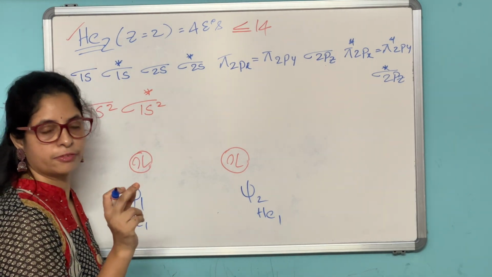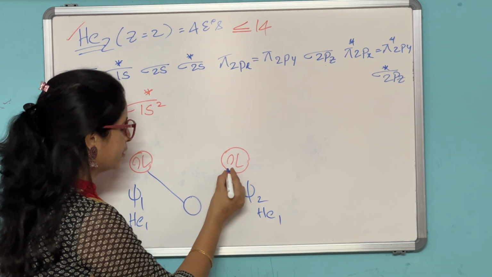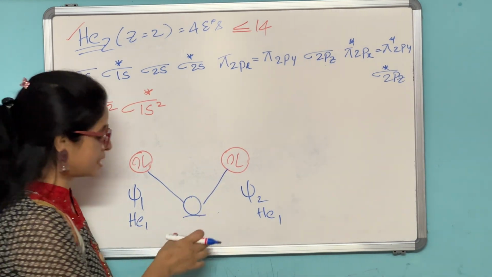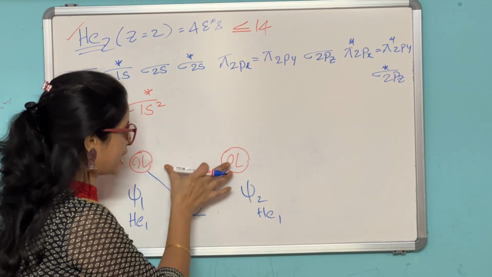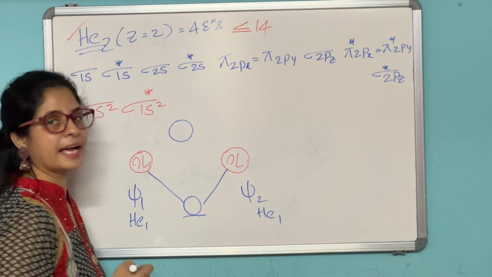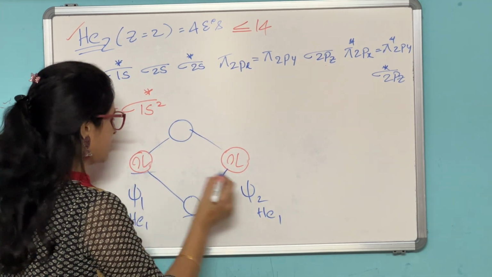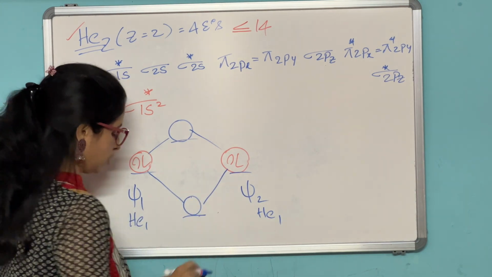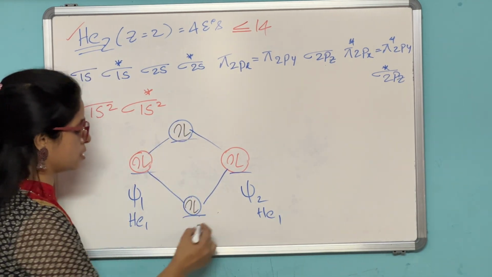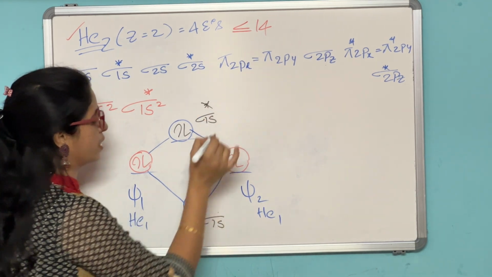In constructive interference these wave functions are added up, giving an orbital with lower energy than the atomic orbitals, and another with higher energy. Here are the sigma 1s and the anti-bonding sigma star 1s.